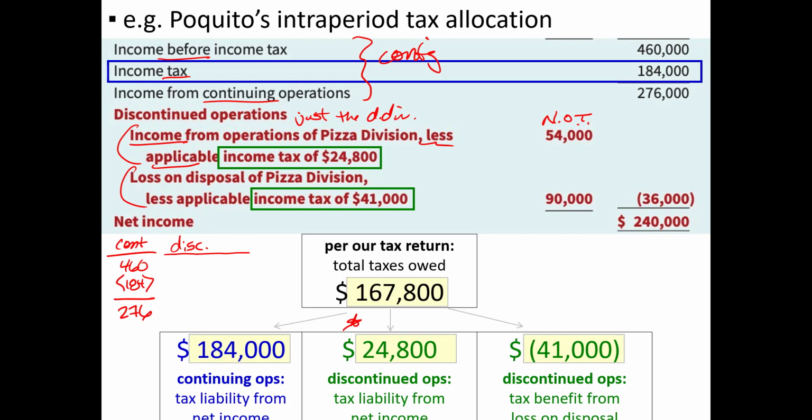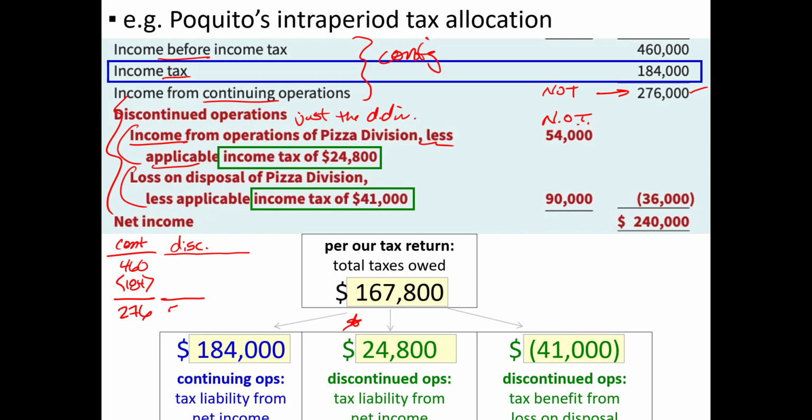Well, that's good because essentially this number right here, that's net of tax. So any information we show below net of tax, we want to keep it net of tax. We don't want to commingle any gross numbers from tax numbers. So what we're doing here is we're saying continuing operations net of tax 276. Was there any income from the pizza division net of tax? Yes, there was, 54. Okay.